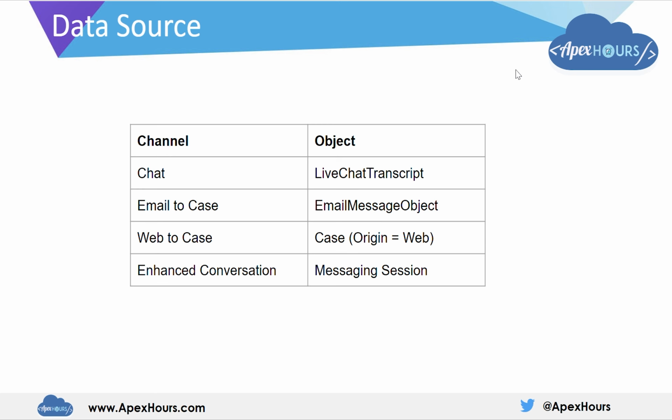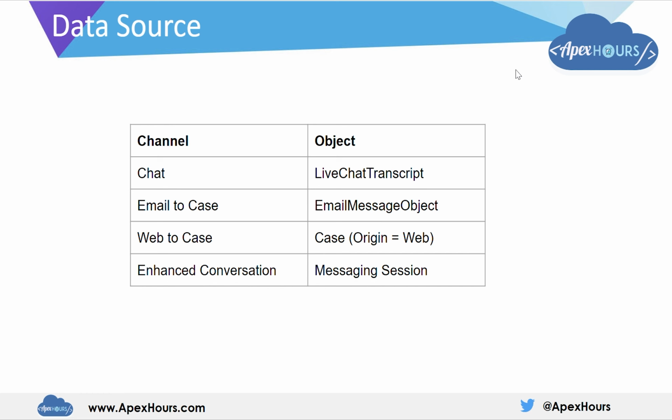So here I listed various sources of data based on each channel. I know this mapping is very obvious for people who have very good experience with Service Cloud related features, but I thought it would be helpful to list it down explicitly.